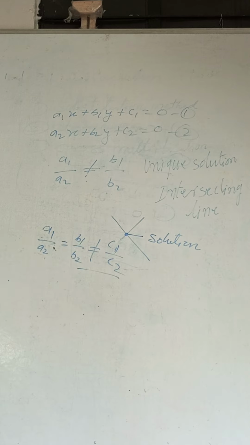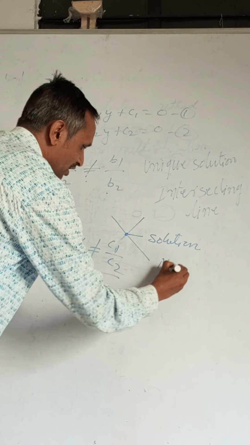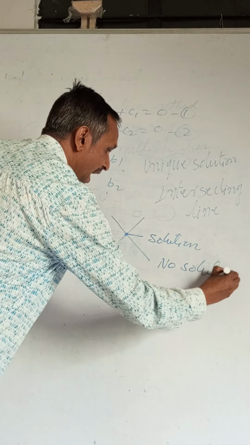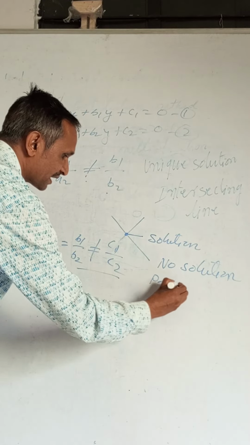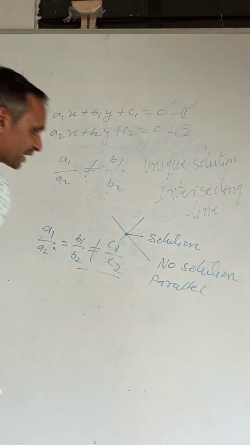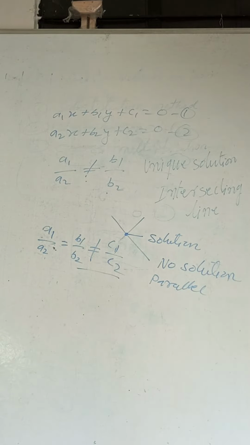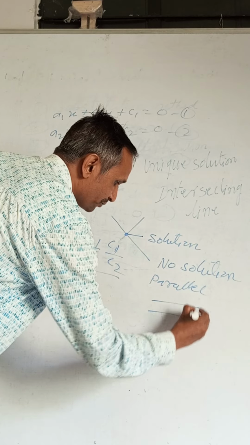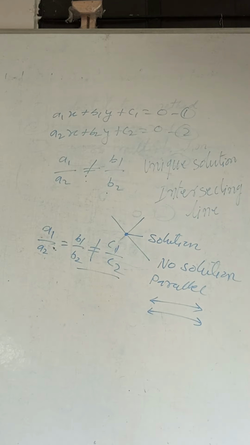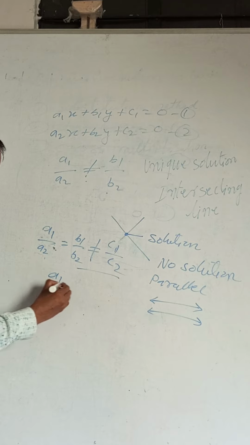Then it gives no solution. For this type, no solution comes in the calculations, and in the graph these lines will be parallel lines. Parallel lines will come, the lines will be like this. Because they never intersect each other, the distance between the two lines is equal, and so there is no solution.